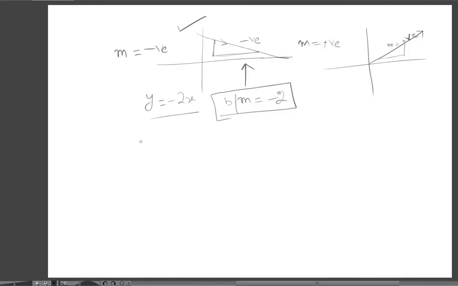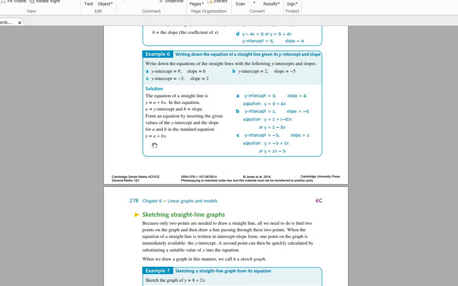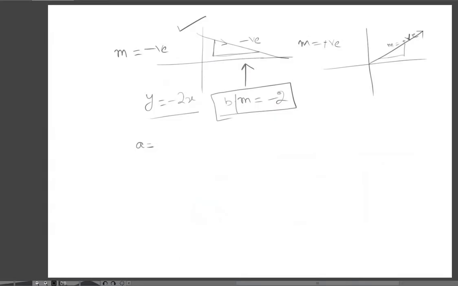It's as simple as that. Your value of a is 9 and b is 6. You simply have to plug those values into the equation, which means y equals 9 plus 6x.